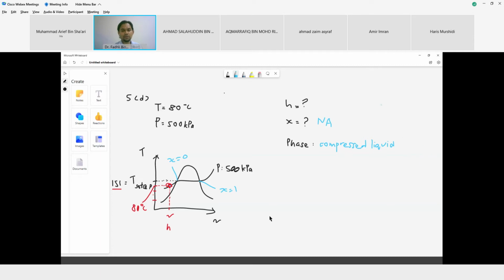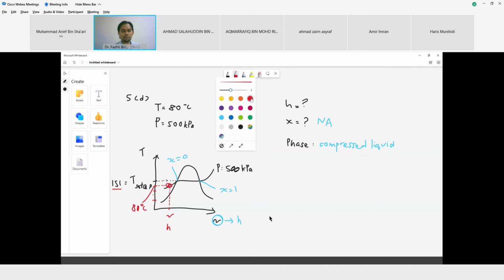NA. Next is enthalpy, H. So for enthalpy, this part C, this exists, B exists, you can change into H. So we assume now the axis is H, enthalpy. Okay, for the enthalpy, you have learned in chapter number 2 for compressed liquid, they have a rule ataupun principle.